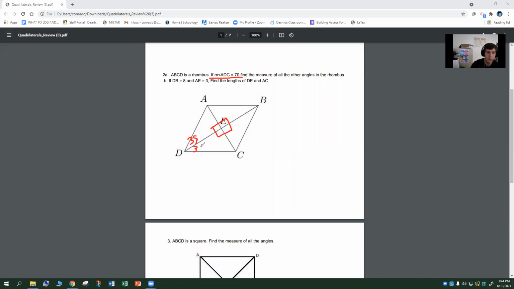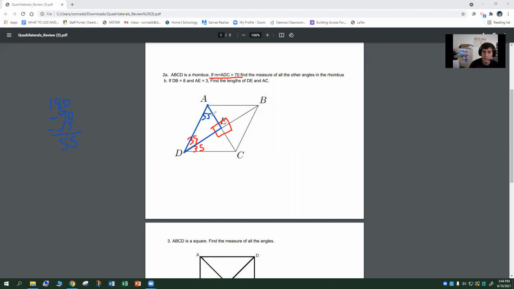Okay. We know the 3 angles of a triangle add up to 180, so that's going to allow us to find the last piece we need here. So 180 minus 90 minus 35 is going to give us 55. So we know that this angle here has to be 55.